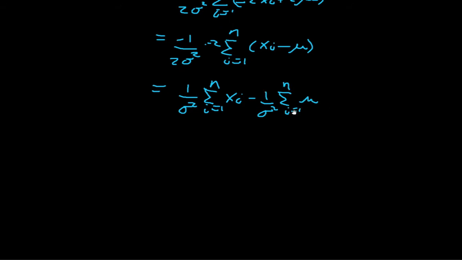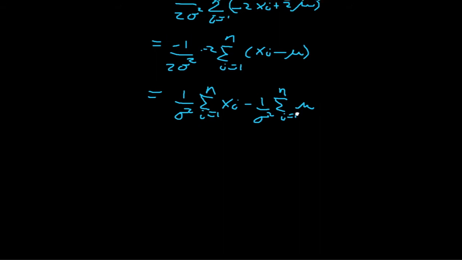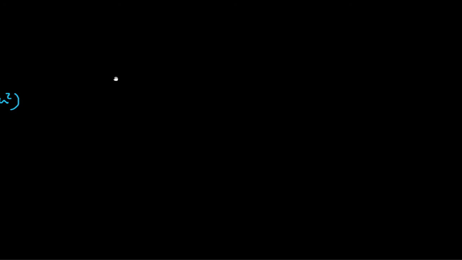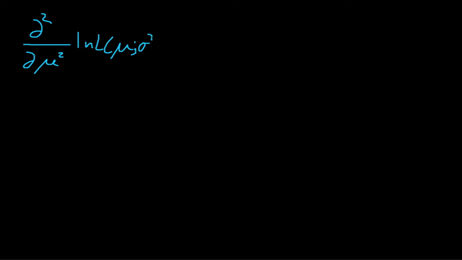And of course, before we set this equal to 0, we will need to check for the second order condition. So let's go ahead and do that right here real quick. So we will need to calculate the second partial derivative with respect to mu of the log likelihood function, and this will just be equal to another derivative of what we have just found.